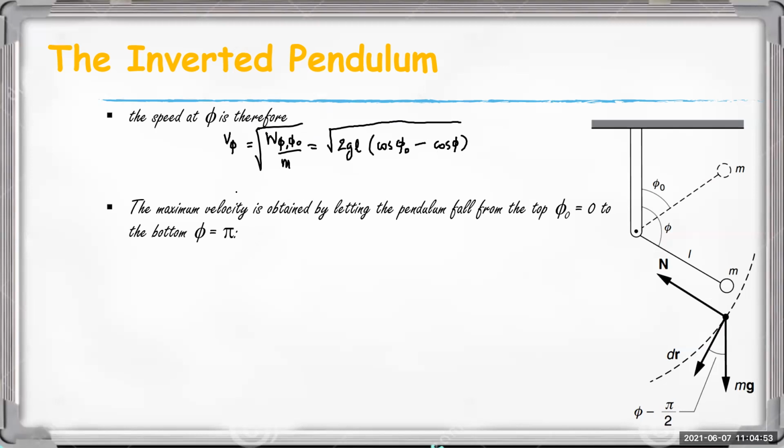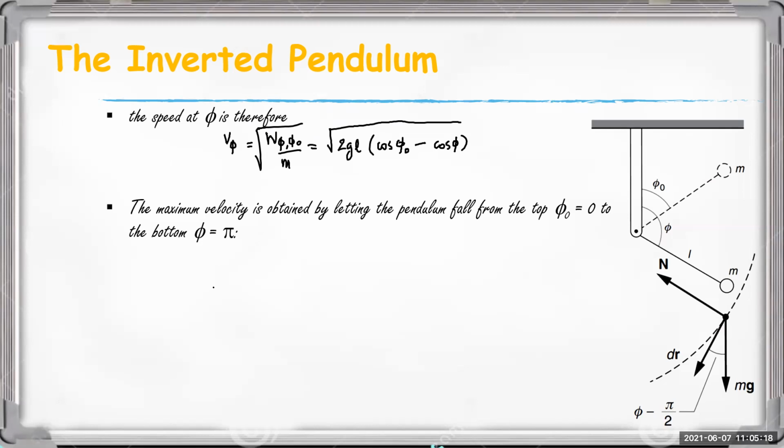The maximum velocity can be obtained by taking the pendulum fall from the top to the bottom. If it falls from this point to the bottom side, then phi 0 must be equal to 0 and phi is equal to pi.